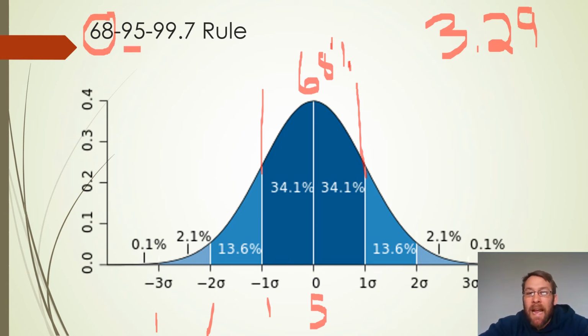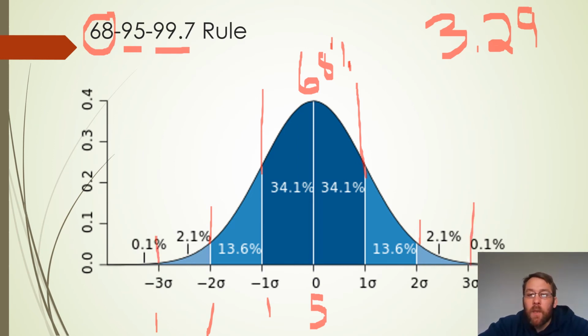I can predict with 95% accuracy that all new numbers that come into my data set are going to be within 2 standard deviations. And I can predict with 99.7% accuracy that all new data that come into my data set are going to fall within 3 standard deviations.